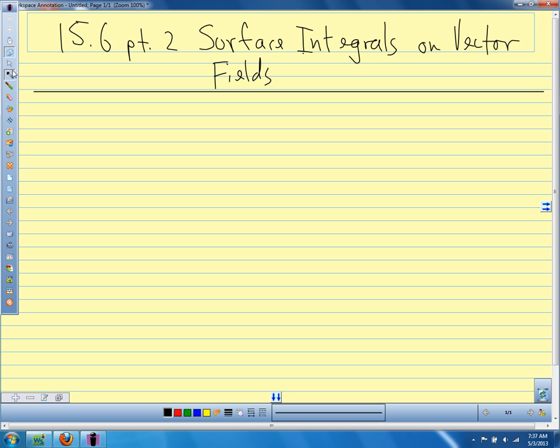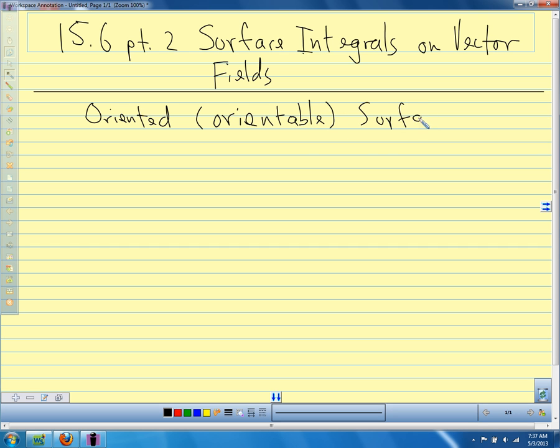So the first thing we need to talk about today is that when we're talking about surface integrals with vector fields, we're dealing with what we call an oriented or orientable surface. So we need to talk about what an oriented or an orientable surface is.